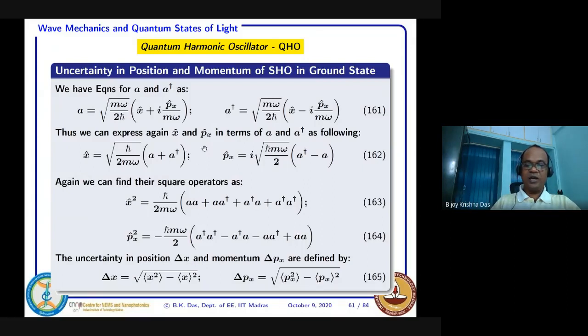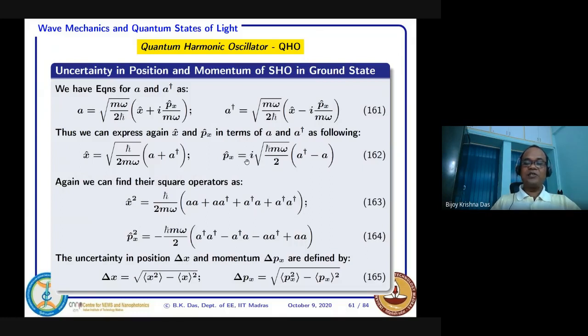So you multiply A with A, and then A dagger, and so on; now A dagger, A dagger, A. You are just multiplying again, and you get the square in this form. We cannot write A dagger A equal to A A dagger, because they do not commute; their commutator is 1. So they are actually different. You cannot write like that.